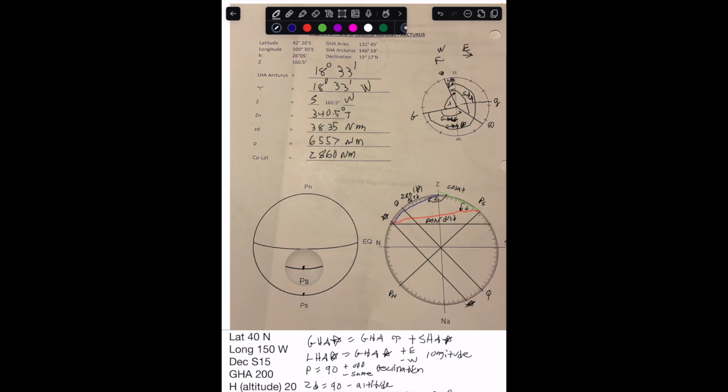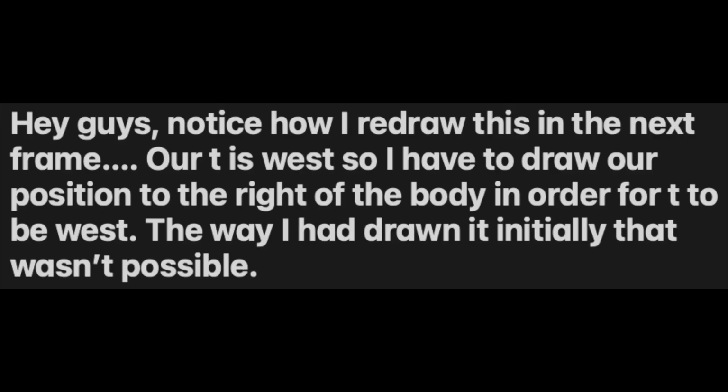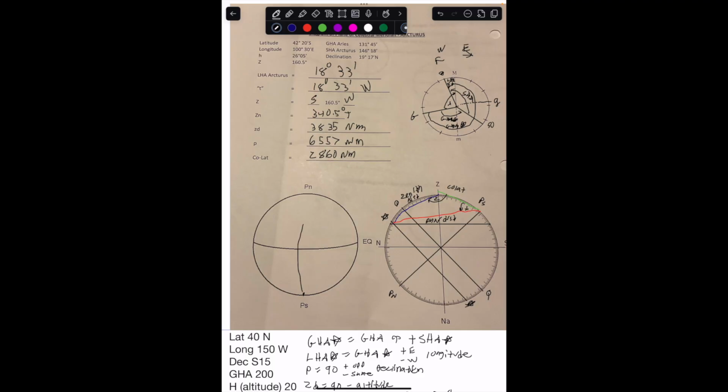So South Pole, and we have that my declination is north, so it's going to end up being like here. And then we know that we are east.